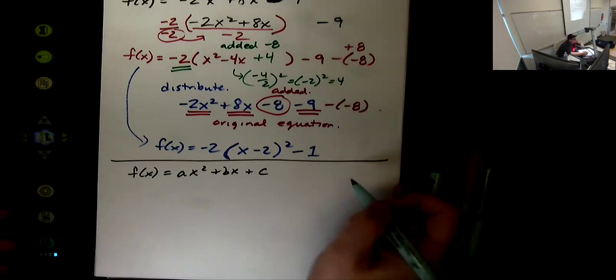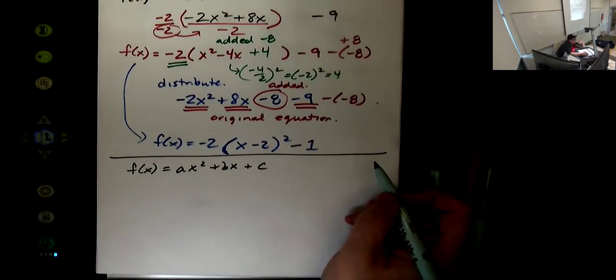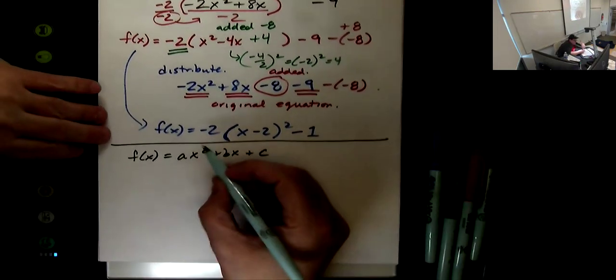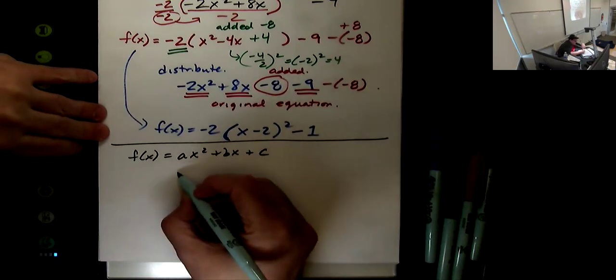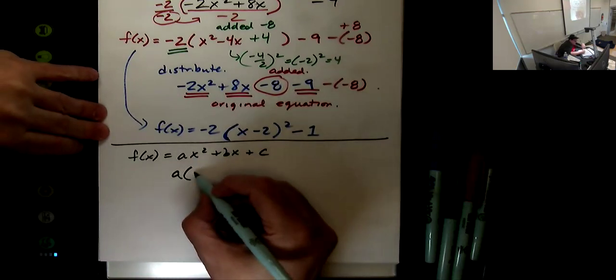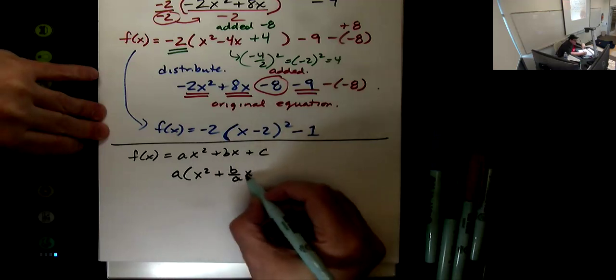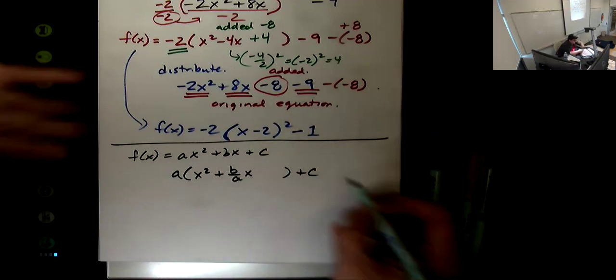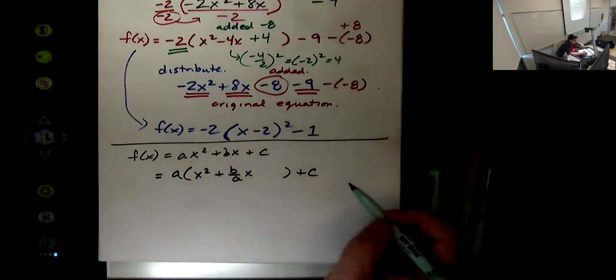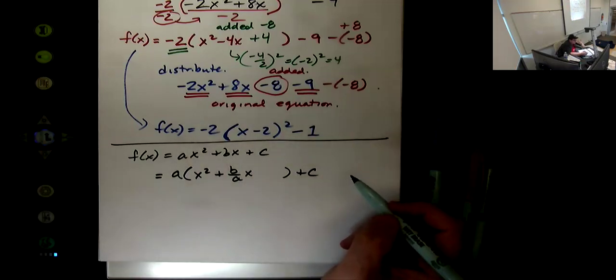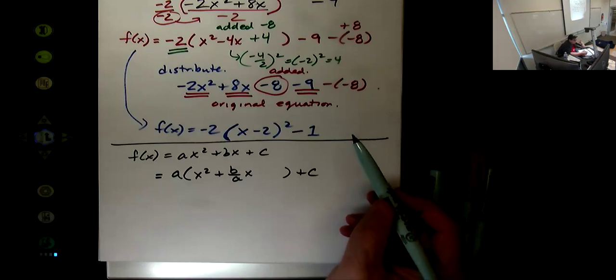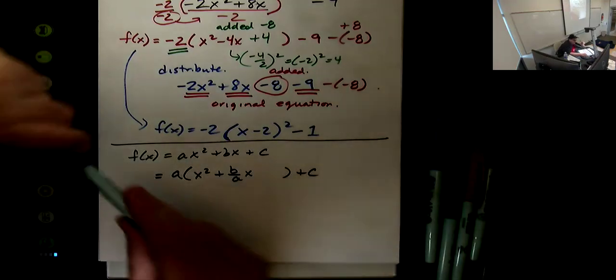Let's do that same process here. So what effectively happens is I have x squared plus b over a x plus c, when I factor out the a.